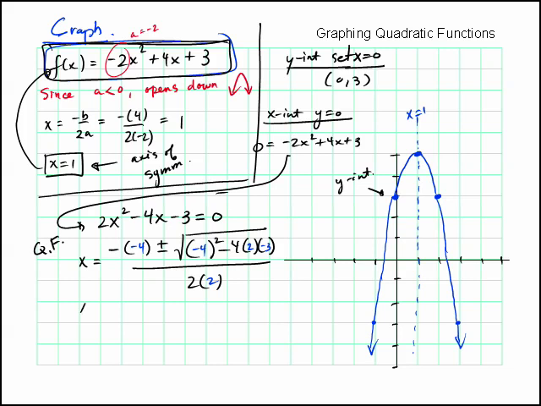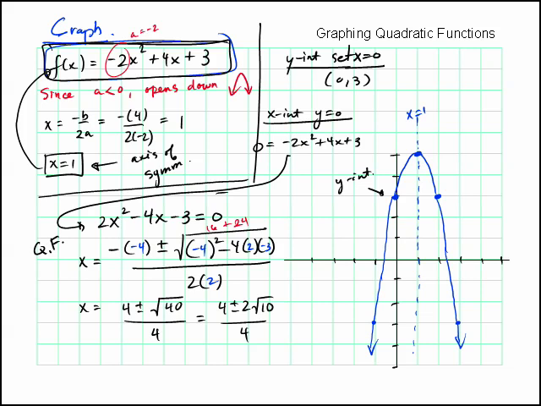And then we simplify. That's going to be a positive 4 plus or minus the square root of, let's see, that's 16 plus 24, which is 40. So 40 over 4. The square root of 40 simplifies to 2 square root 10. So this is 4 plus or minus 2 square root 10 all over 4.